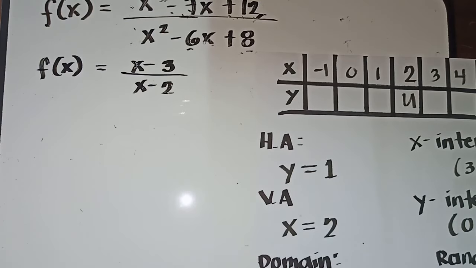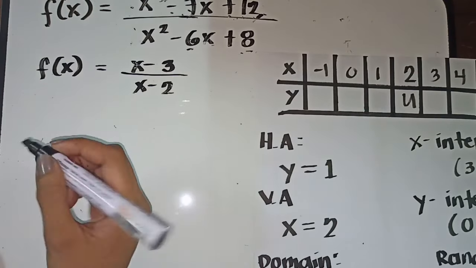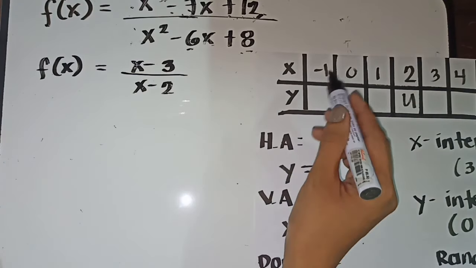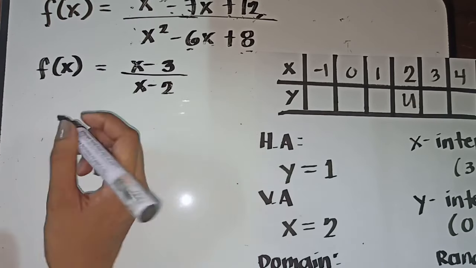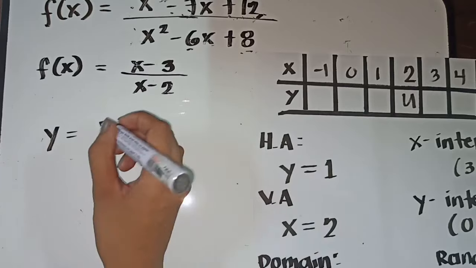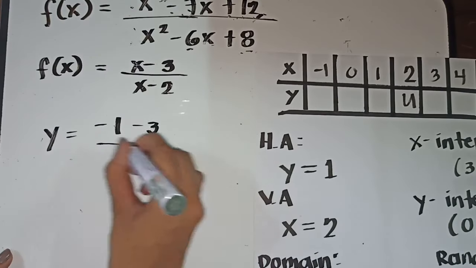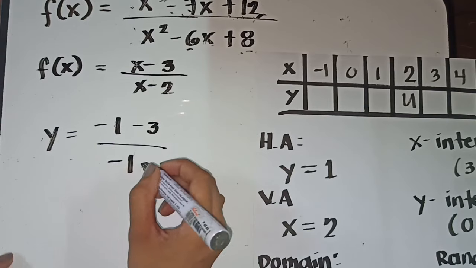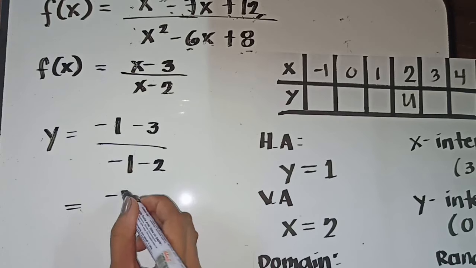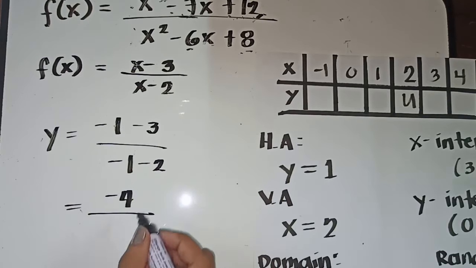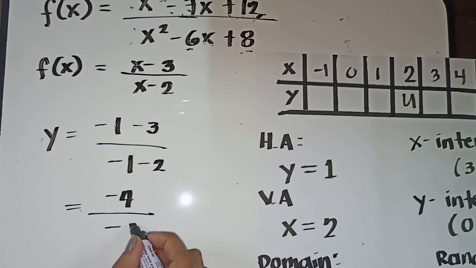So if x is equal to negative 1, just substitute the value of x, which is negative 1, dito na lang sa function na nasimplify na natin. Okay, so that is y is equal to negative 1 minus 3 over negative 1 minus 2. So that is equal to negative 4 over negative 3.